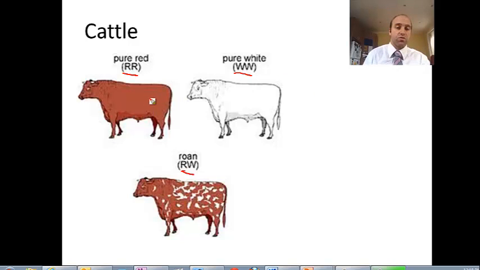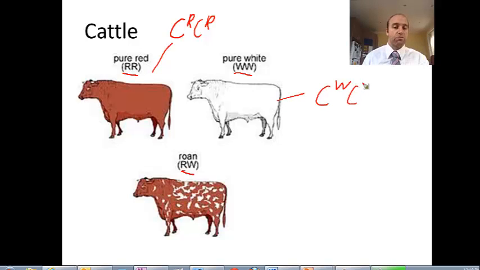So this red cow here looks a bit brown, but it's red. It would have to have the 2 genes for that reddy type coat, and the white individual here, okay, 2 for white, and roan, which is that combination of having both red and white.